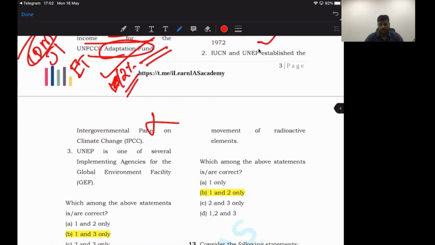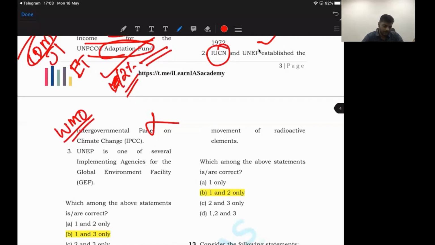It was UNEP along with WMO, the World Meteorological Organization, that established IPCC, not IUCN. And use the logic: IUCN has nothing to do with climate change. It is about species protection. So WMO is the parent agency behind the formation of IPCC.